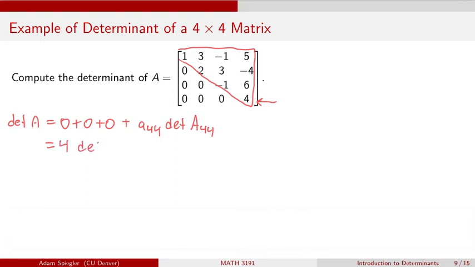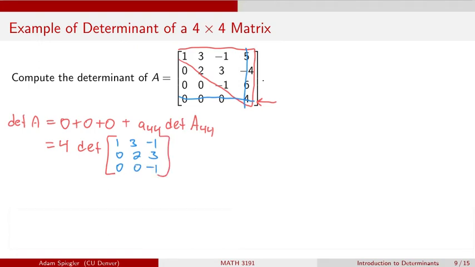And now we multiply by the determinant of submatrix A4,4. That submatrix we get by canceling out all of the entries in row 4 and column 4. And what's left over now is a 1, a 3, and a -1 for the top row, a 0, a 2, and a 3 for the second row, and a 0, a 0, and a -1 for the third row.